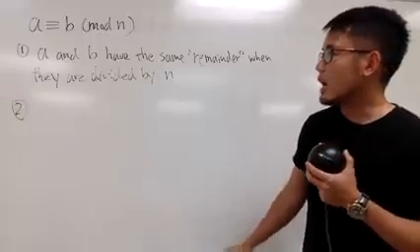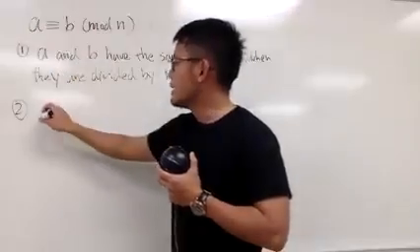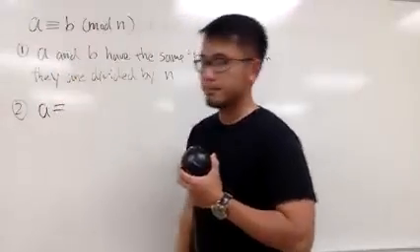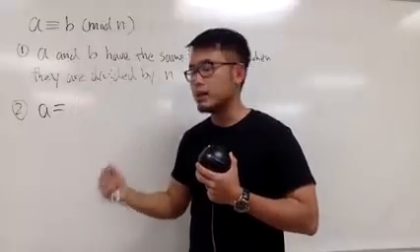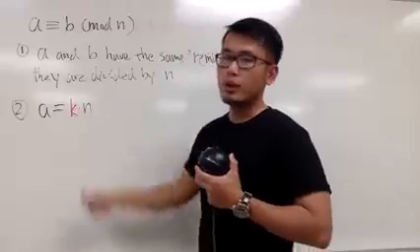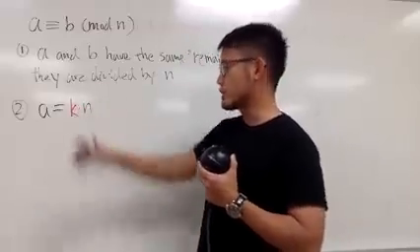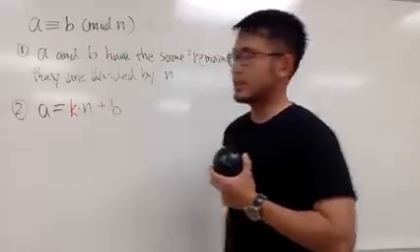The second thing is that I can write the following. When we have A is congruent to B mod n, we can say A is equal to, well, it's just going to be off by a multiple of n, and usually we can just say k times n for some number k, which we don't know yet, just keep it as it is for now. And then you add b to it.